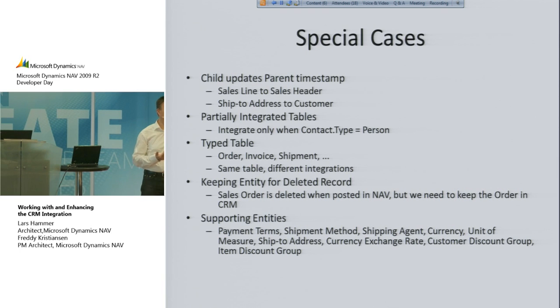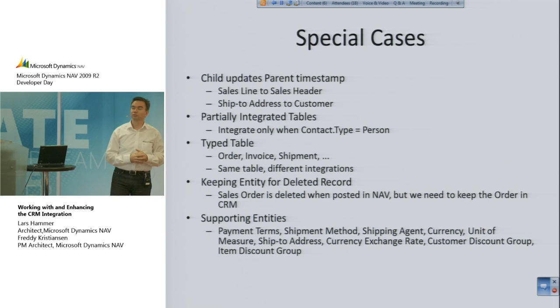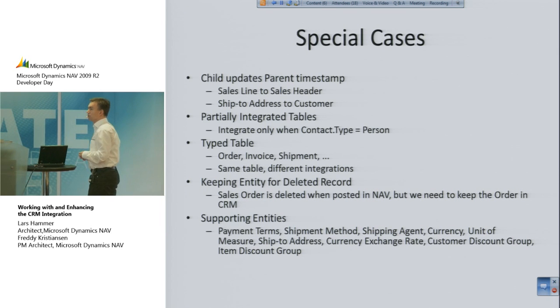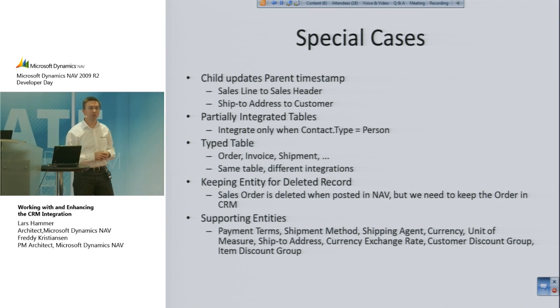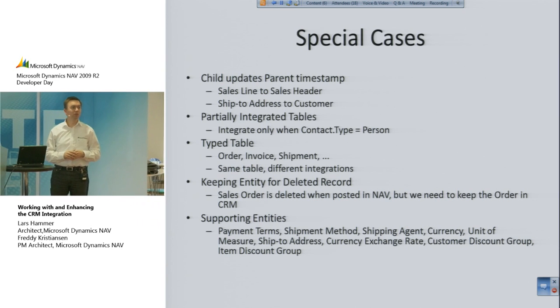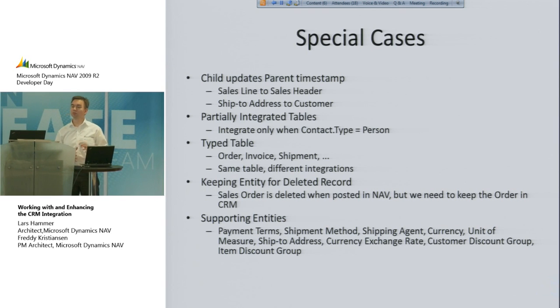There's different logic associated with the different types of business documents, so you have to take care of that inside of your integration management. And we saw the special case where we keep the entry in the integration record table when a sales header is deleted, in order to keep integrity in the CRM system.